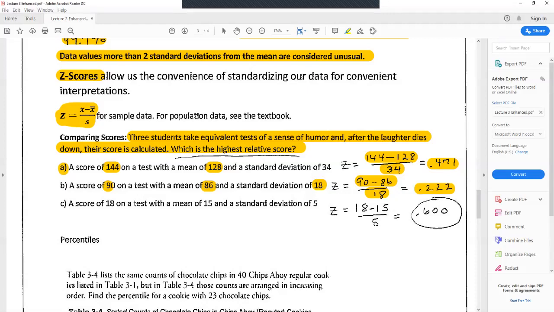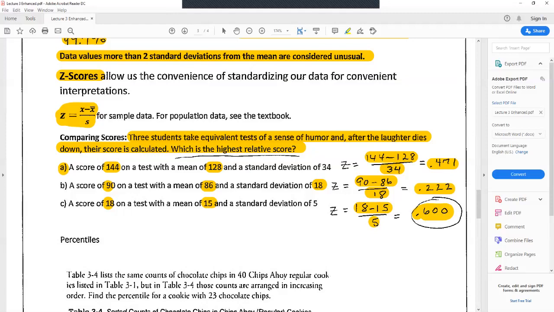But the third person here, we might be a little bit confused about this because he scored an 18, but the average in his group was a 15. He's also above average. Well, let's figure out his Z-score. We'll subtract the mean, which is 15, we'll divide by the standard deviation for his group, and we get 0.6.